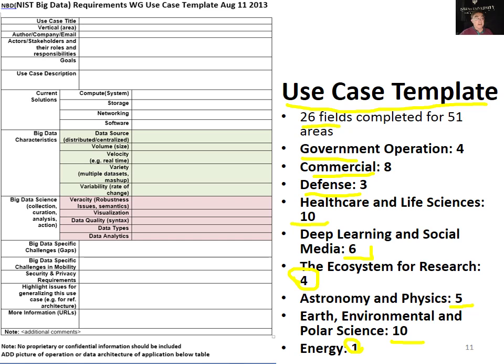Energy has certainly got lots of important big data use cases, which we did not cover. And for every one of those, we studied these 26 entities.